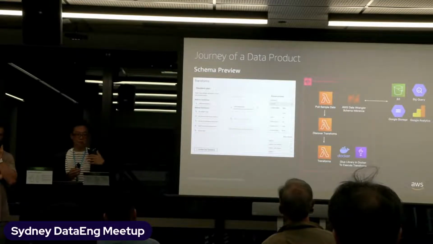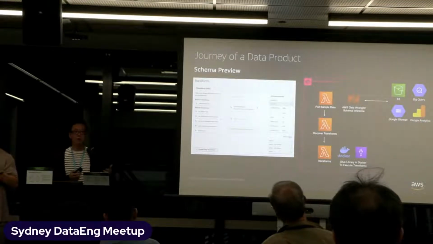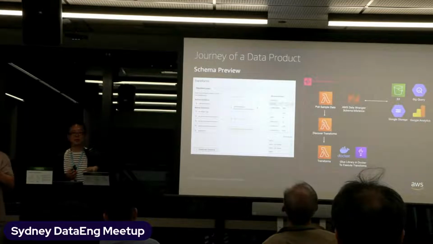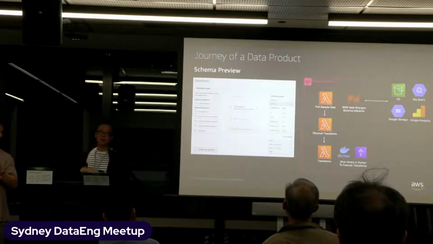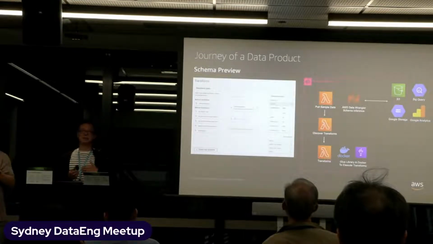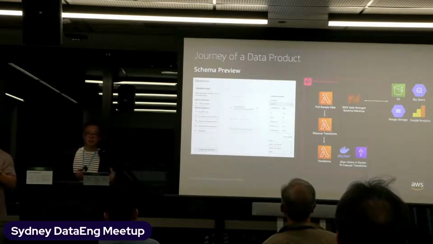And then we discover any transformation that's required along the way. You might have a very nested JSON structure that you want to relationalize for easy querying down the line. So we have built-in transformations that convert that into relationalized JSON data, and also convert data formats for better query performance and storage formats down the line. Then we run any transformation through the transform planner.